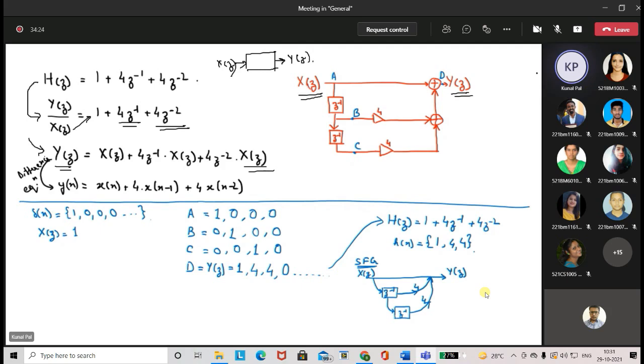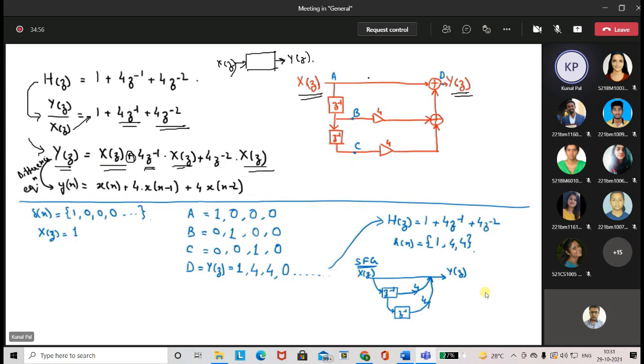The first term is X(z), which goes to Y(z), and we have an adder in between. In the next term, we have z inverse X(z).